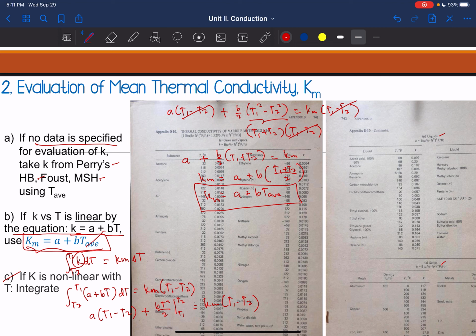So although the method of separation of variables has wide applicability, it is limited to linear problems. Because in solving nonlinear heat transfer problems, you use either exact numerical solutions or a two-parameter optimal linearization method. And of course, it's quite complicated. But for now, let's just stick to the first two cases of evaluating mean thermal conductivity.